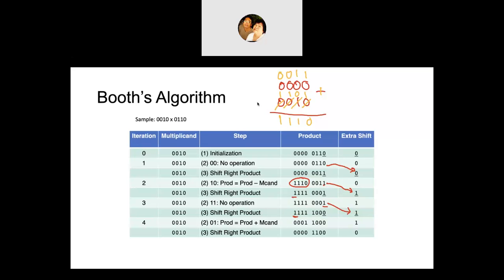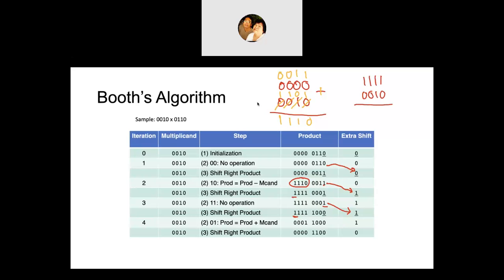In the last round, we have to check product 0 and the extra shift; they are 0, 1. So at this time we have to add the product with the multiplicand. We have the product 1, 1, 1, and the multiplicand is 0, 0, 1, 0.